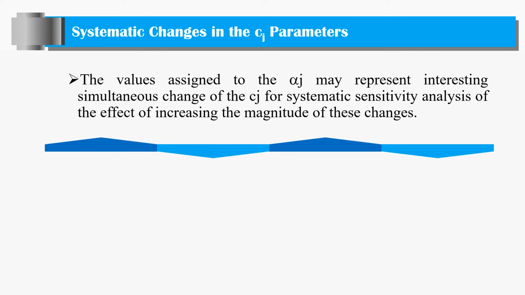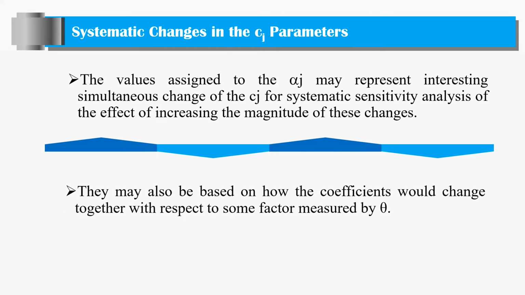The values assigned to the alpha j may represent interesting simultaneous changes of the Cj for systematic sensitivity analysis of the effect of increasing the magnitude of these changes. They may also be based on how the coefficients would change together with respect to some factor measured by theta, for example, the unit profits.